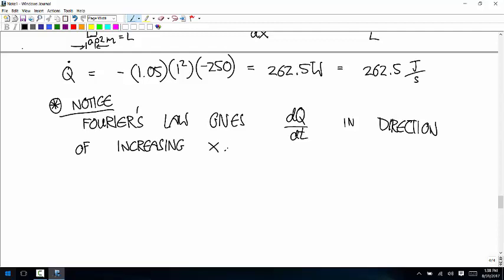Then you have to think about the translation from that sign convention into the sign convention where Q is positive if your system is adding energy.